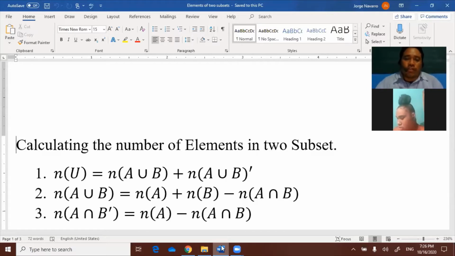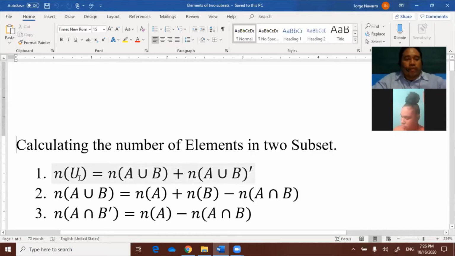The first one was the number in the universal set is equal to the number in A union B plus the number in A union B all complement.